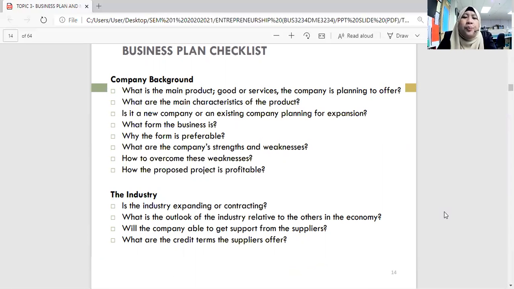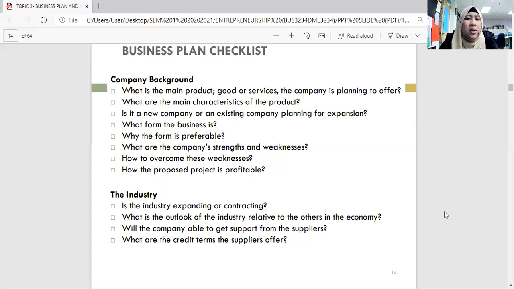If you're not introducing to the public, the customer, your employees, your investor, what is the character of your product, there will be such a problem. And is it a new company or an existing company planning for expansion? This is for the long term goal. So you have to mention what the company aspires to be and where they want to go in a few years in the future.